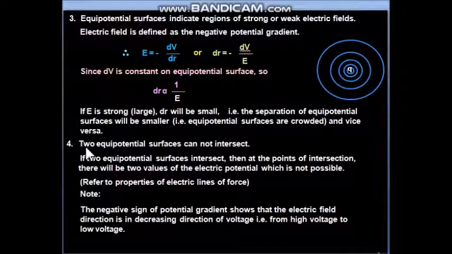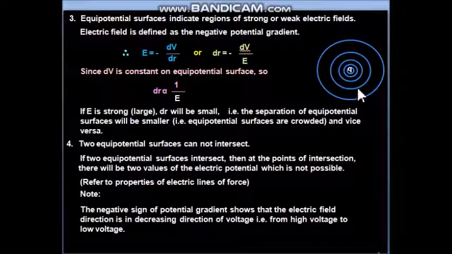That is very simple. Two equipotential surfaces cannot intersect. As we can see in the diagram, for the single charge Q, there are multiple spheres drawn, but none of the two spheres are intersecting each other.